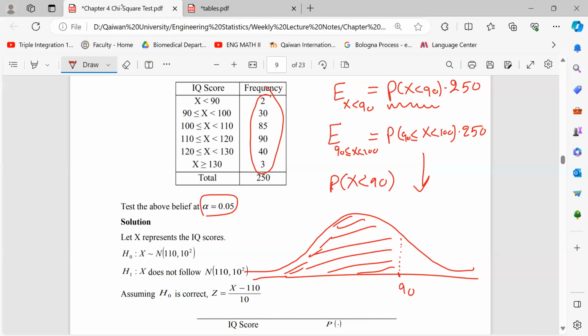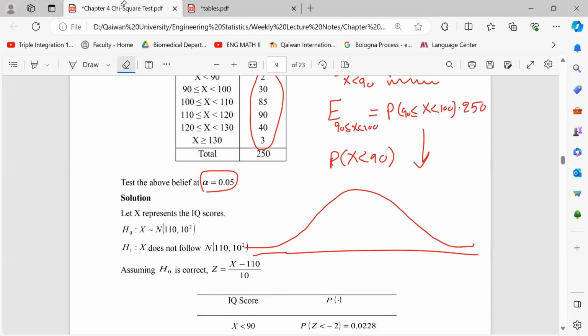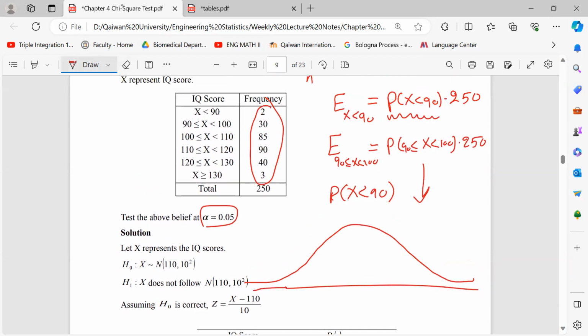How about the second one? As it says, between 90 and 100. Sorry, before we do that, let's standardize first. To standardize, we use this rule: Z is equal to capital X minus 110 over 10.